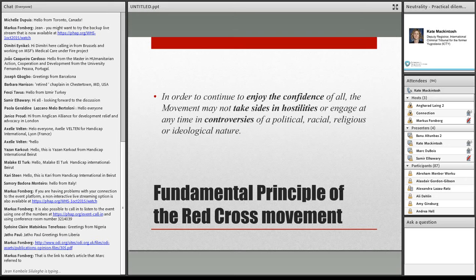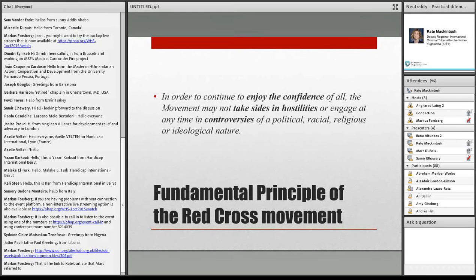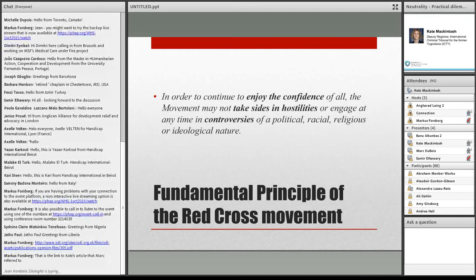Moving ahead, the definition then has two prongs. Neutrality means not taking sides in hostilities and not engaging in controversies of a political, racial, religious or ideological nature. I'll start with that second one, engaging in controversies, and we could call this ideological neutrality.